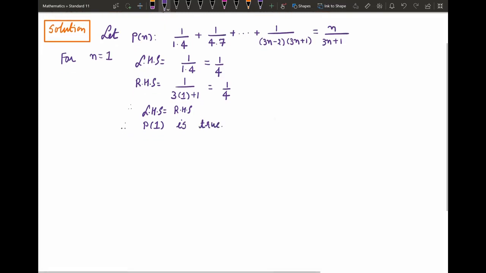We suppose the result is true for n equal to k, and we have to prove the result for a consecutive integer n equal to k plus 1.